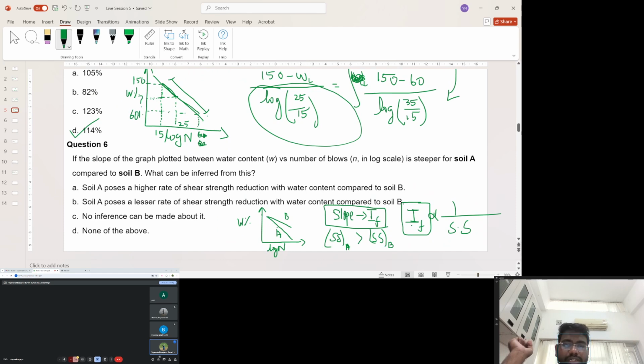So the rate of reduction, as the water content, the number of blows is decreasing at a larger rate compared to, if you see at a particular water content.